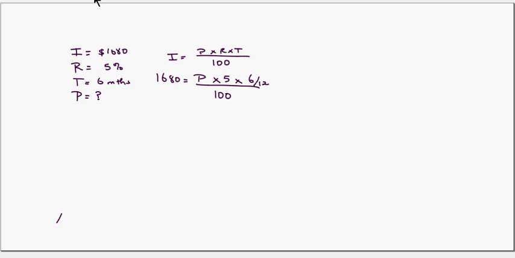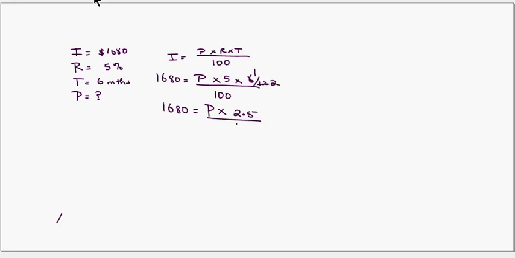So make sure you have that under control, and then you can go ahead. Then I can write 1680 equals P times, and you can work this out. 6 into 6 is 1, 6 into 12 is 2. 5 multiplied by a half is really 2 and a half, or 2.5.